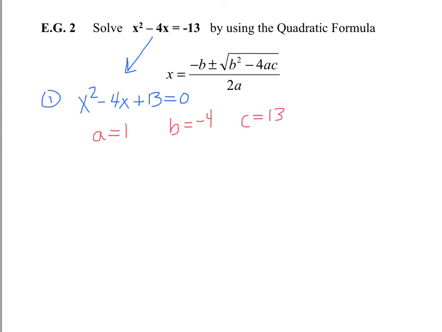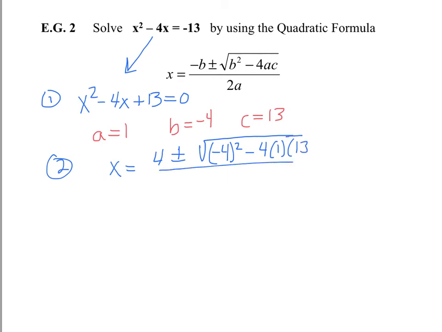And then I start setting up my quadratic formula. X equals negative negative b, again gives you a positive 4, plus and minus, square root. B squared is negative 4 squared minus 4 times a is 1, c is 13, all over 2 times a is 1.